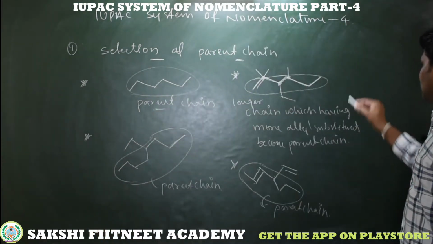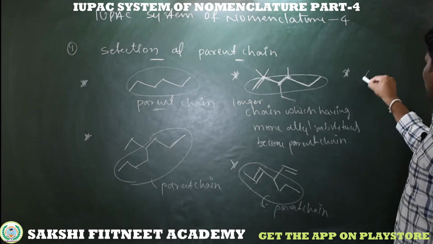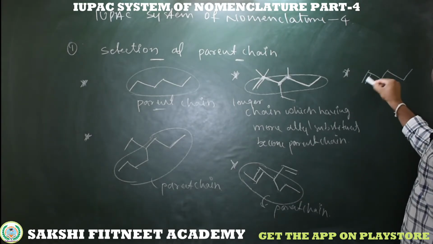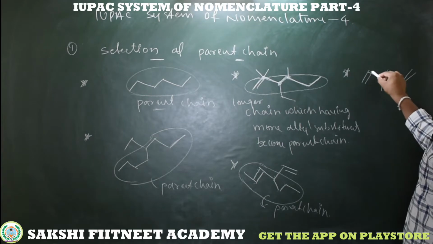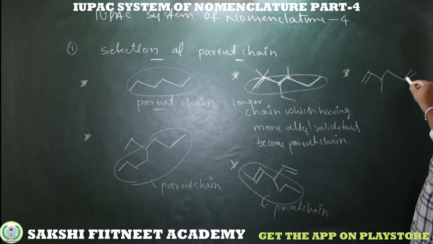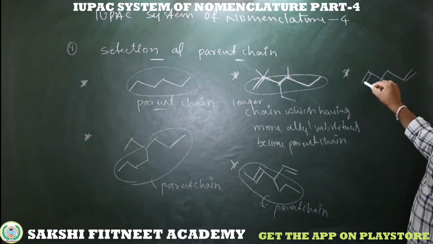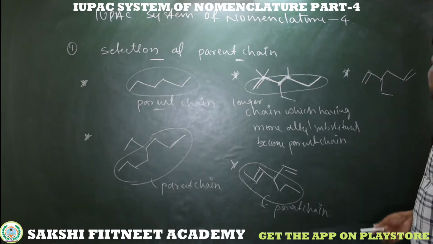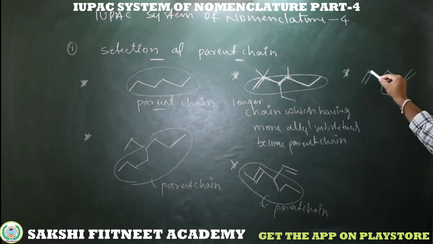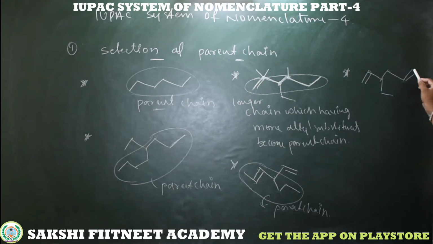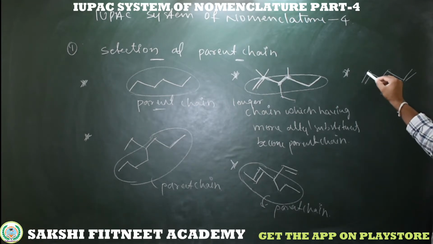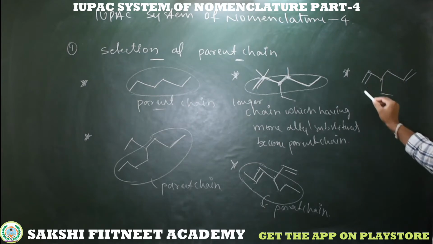Here I am taking another case. If the molecule is like this, same, here 1 2 3 4 5 6, 1 2 3 4 5 6, 1 2 3 4 5. See here, this chain has 6 carbons, 1 2 3 4 5 6, and this path also has 6 carbons, and this path has 5 carbons.